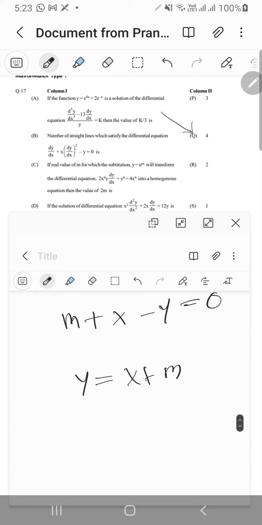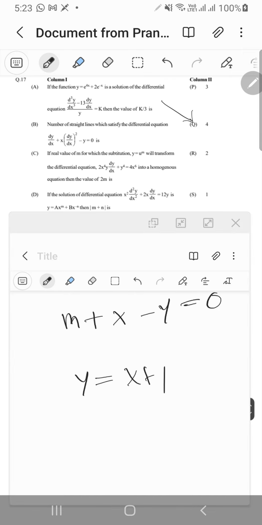But in this case m is 1, so y is x plus 1. There's only one line that satisfies this thing. Yeah, that's right. There's only one line that does.